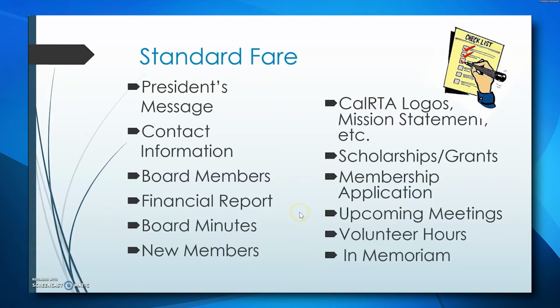Obviously, information about upcoming meetings, including, if it's virtual, a Zoom link to that meeting or some form of registration. Some divisions are collecting their volunteer hours and make them a key part of their division newsletter. And of course, a tribute to those division members who have passed. Those tributes are often found in the newsletters as well.